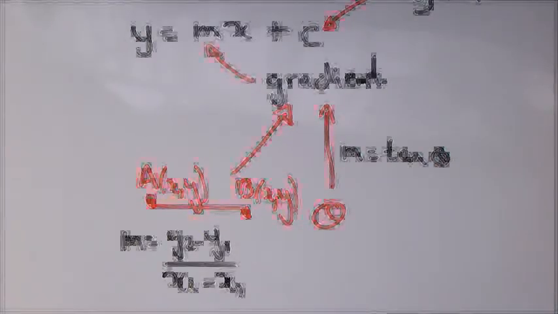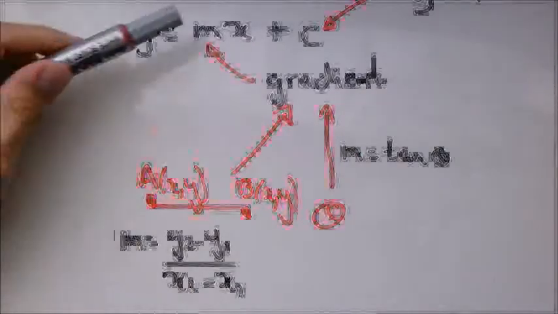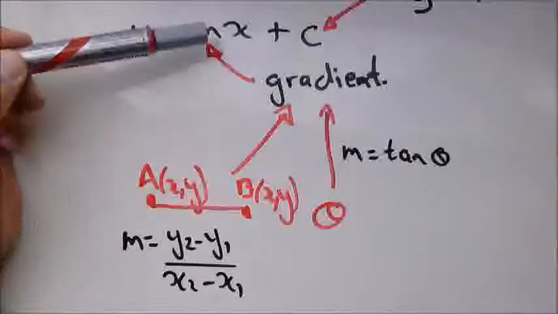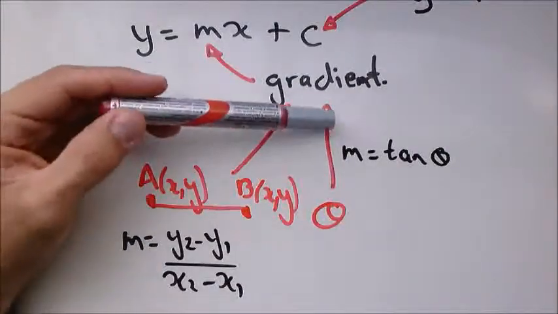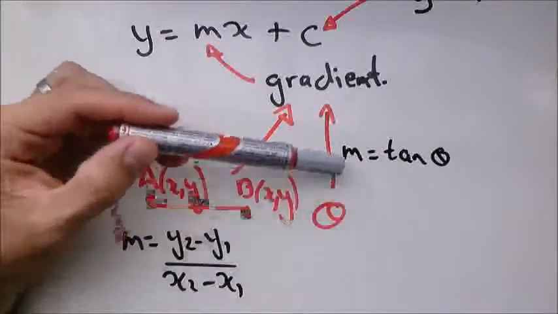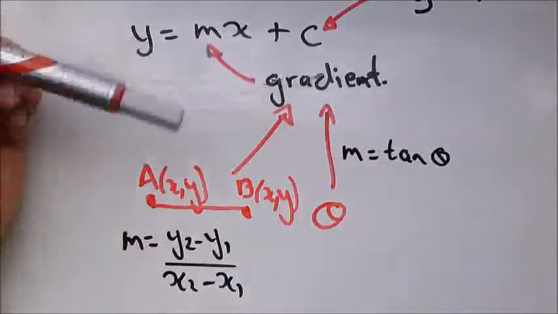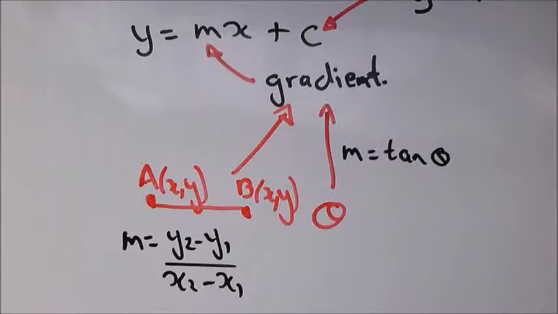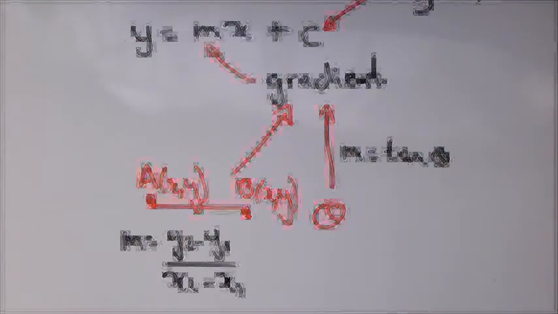Okay, so basically that is a summary of how we can get to this gradient of the equation. If you have it, plug it in. If you don't have it, but you've got the inclination, use this formula to get there. But if you have two coordinates, you can get to the gradient by calculating the gradient.